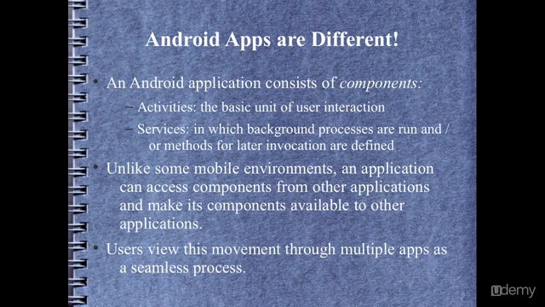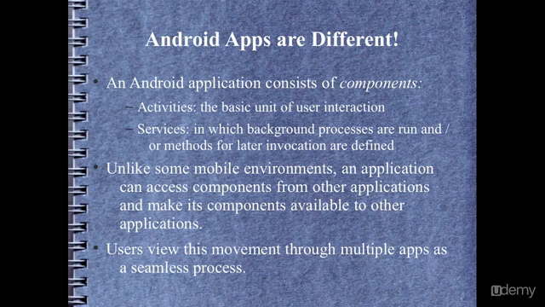In some mobile environments, an application contains its components, and then another application contains its components, and so on and so forth. In an Android application, we can get components from other applications, and we can also share our components with other applications through something called an intent binding.